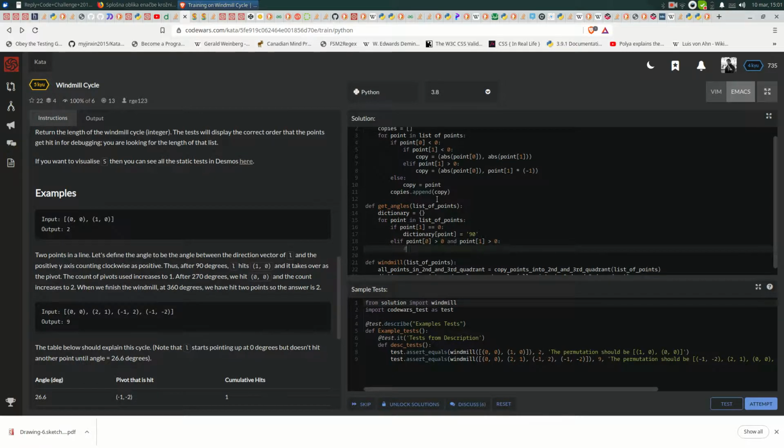Then we calculate the angle in the second quadrant.